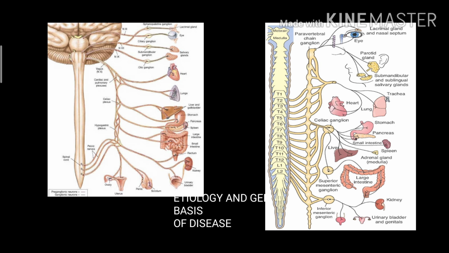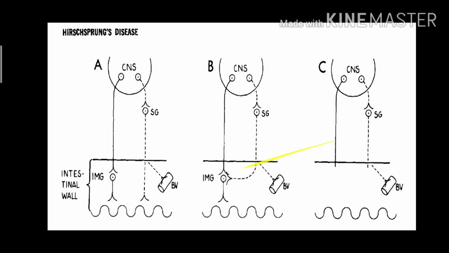Now, which ganglion cells? We know that the ganglia of the sympathetic system are in the sympathetic chain. No ganglion cells are near the organ. So the parasympathetic ganglia are affected. The craniosacral outflow of the parasympathetic ganglia is affected, and the ganglia in the colon are affected. Let us see.